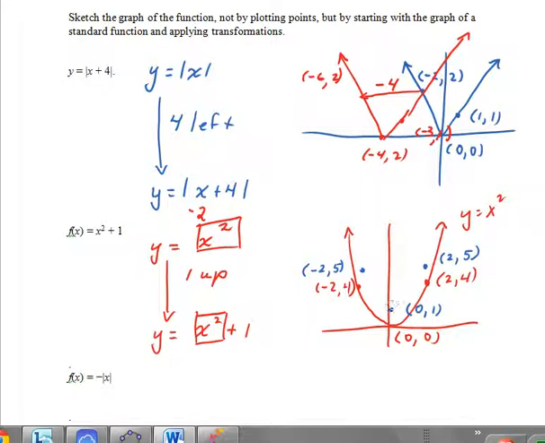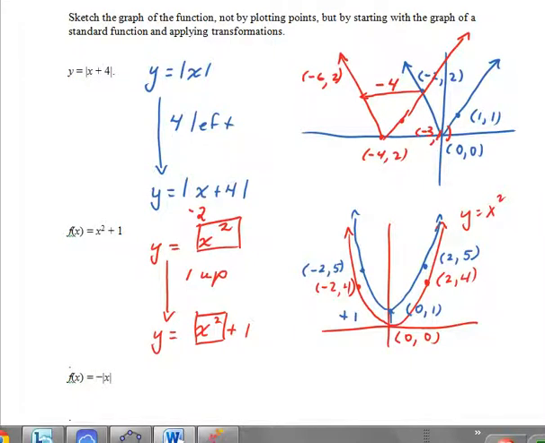The shape is still a parabola, but it is moved up 1 unit relative to the original. So plus 1 for the y values.